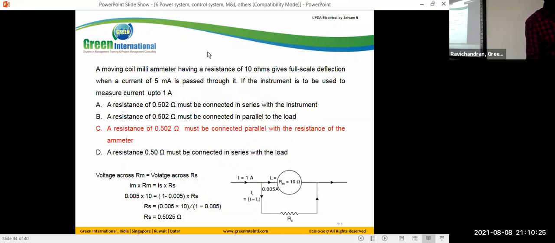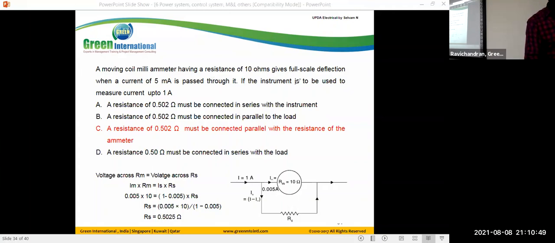Before going to this problem, first read the question. A moving coil milliammeter has a resistance of 10 ohm. It gives full scale deflection when a current of 5 milliamps is passed through it.